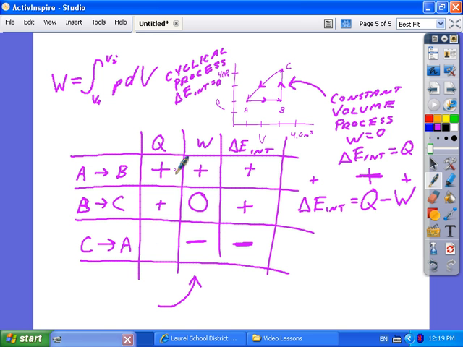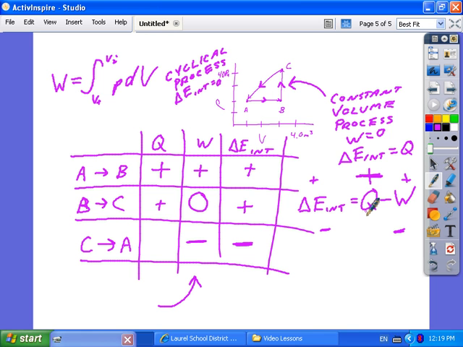Right now, on the bottom one, it gets a little bit trickier here. My change in internal energy is negative, and my work is negative. Now here's where it could get really, really tricky, because literally, depending on the size of some of these numbers, it may or may not work out. Okay, so if I need a negative number over here, and I know I have a negative number right here, depending on the size of this Q, it could be either one.